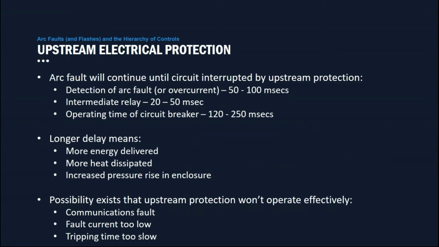The upstream electrical protection. So an arc will continue until the circuit is interrupted. The detection of an arc fault or overcurrent is something of the order of 50 to 100 milliseconds. Invariably, there are one or two or more intermediate relays of 20 to 50 milliseconds each.